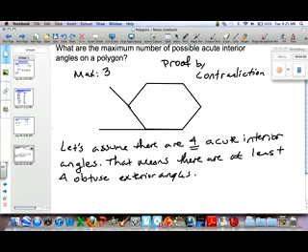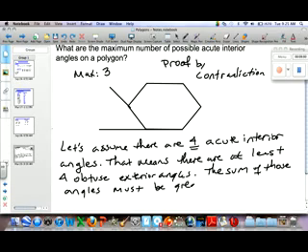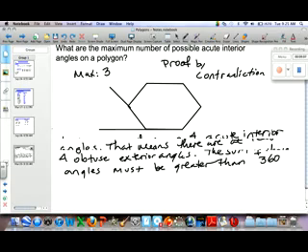What does it mean to be obtuse? Basically, it means that the angle must be greater than 90 degrees. So if we have 4 obtuse exterior angles, that means that the sum of those angles must be greater than 360.